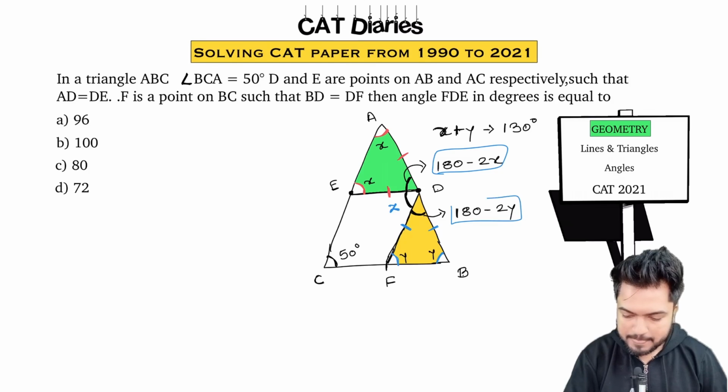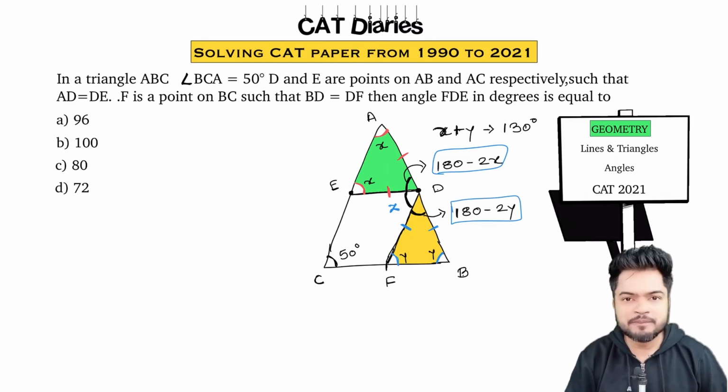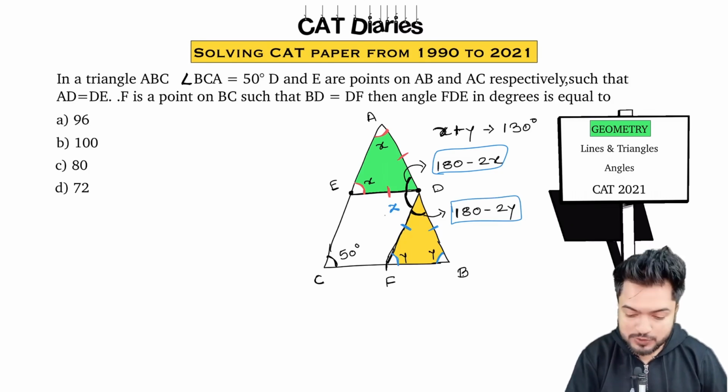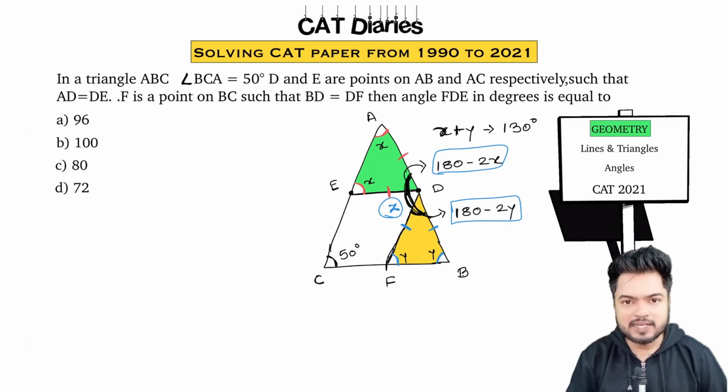This plus this, 180 minus 2X plus 180 minus 2Y, plus this Z, they form a linear pair, as you can check. They are forming a linear pair like this, which means this plus Z plus that is equal to 180 degrees.